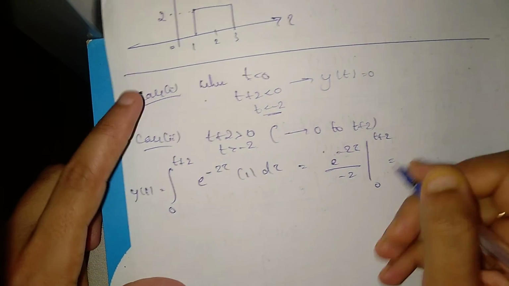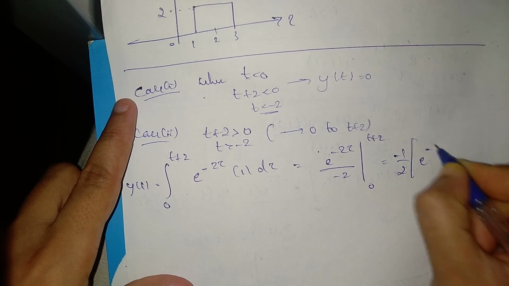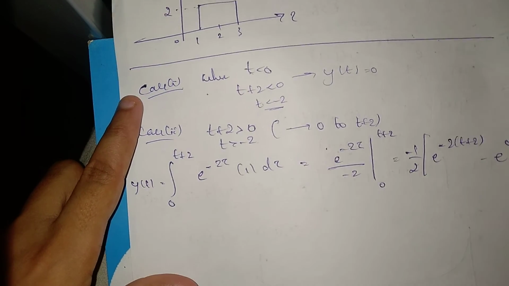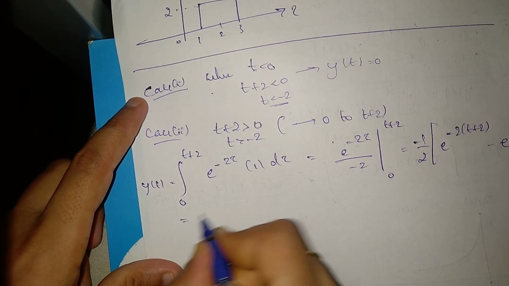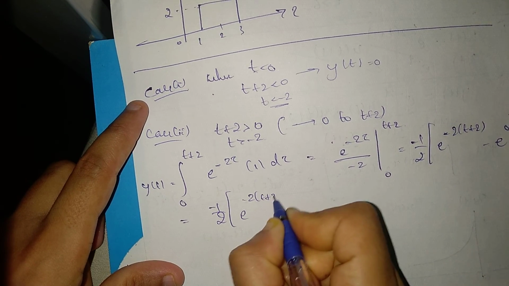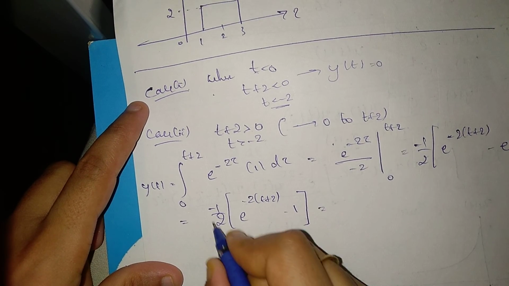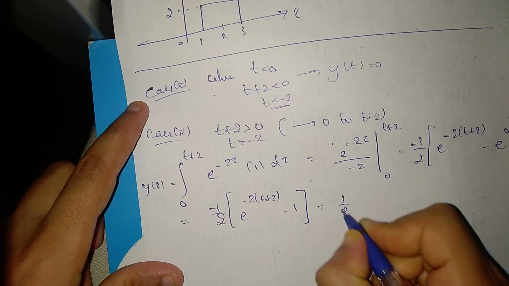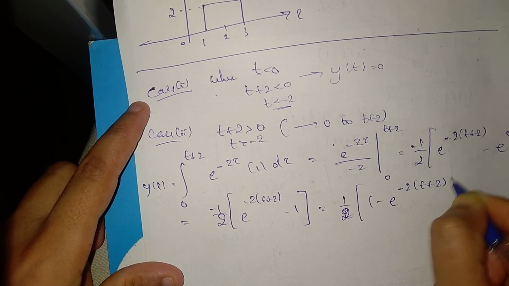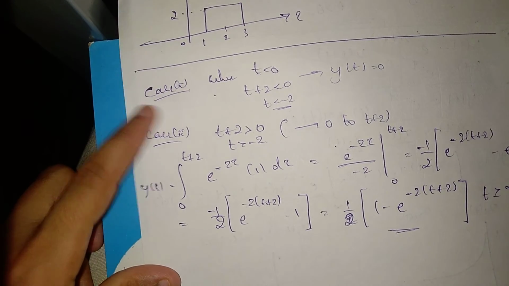So if we simplify, this will be minus 1 by 2 times e to the power of minus 2 into t plus 2, minus e to the power of 0. E to the power of 0 is 1. So this will be minus 1 by 2 times e to the power of minus 2 into t plus 2, minus 1. If we take this minus inside, 1 by 2 times 1 minus e to the power of minus 2 into t plus 2 will be your answer. That is when t is greater than or equal to minus 2.